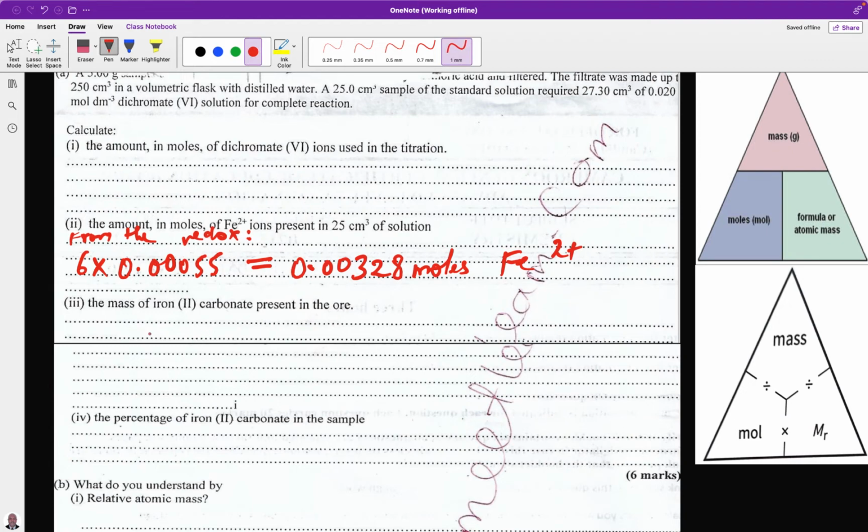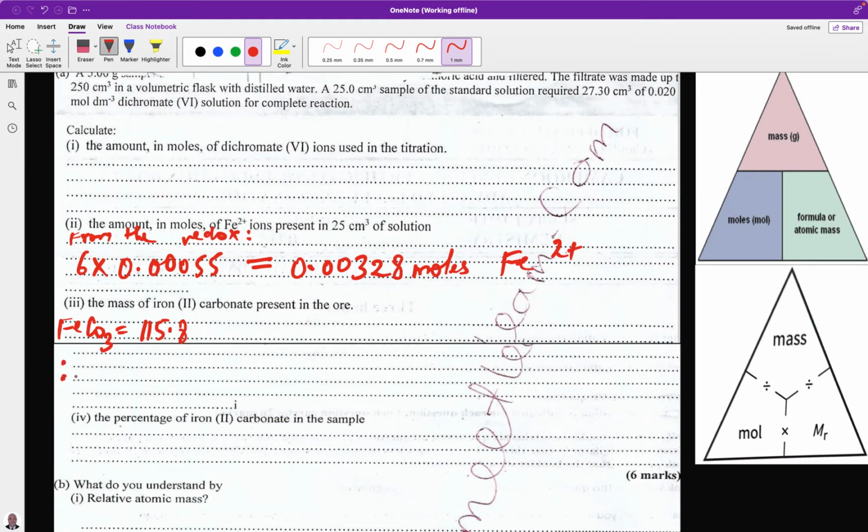The molar mass of iron 2 carbonate, FeCO3, is given as 115.8.